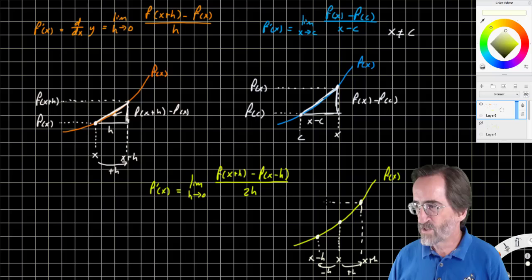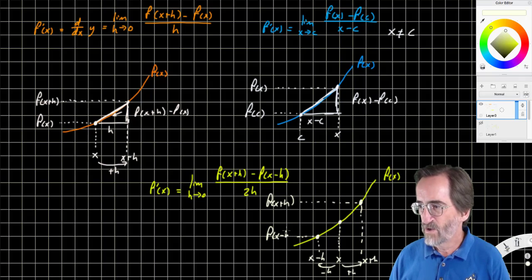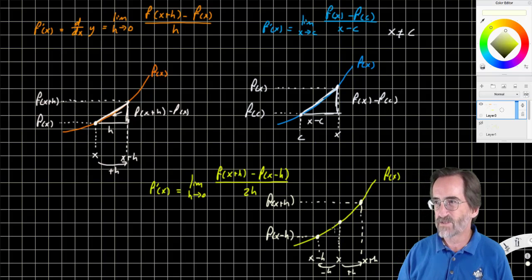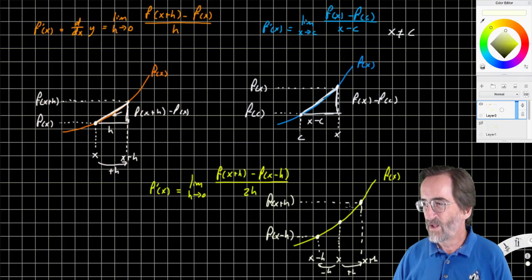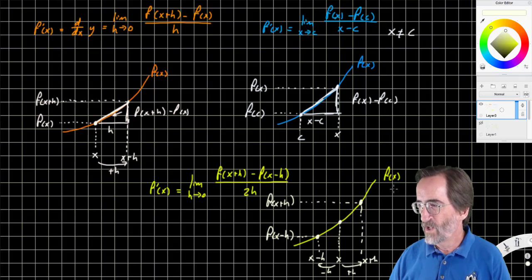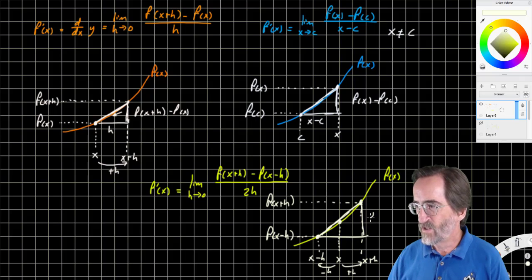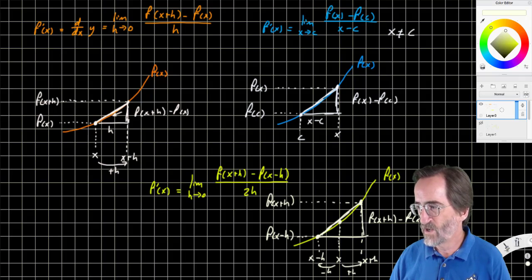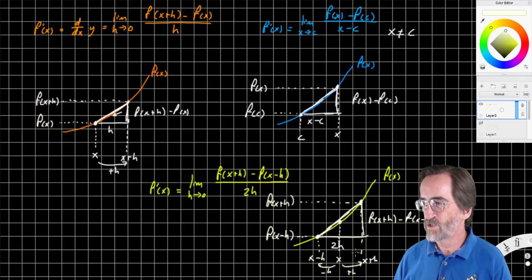We take the output, which is f of x plus h, and the output of this one, f of x minus h. Notice we're not even concerned with what f of x is, which is kind of important to know. So we're finding the secant between these two points. The rise is f of x plus h minus f of x minus h, all over, and you can see we went h to the right and h to the left, so 2h.